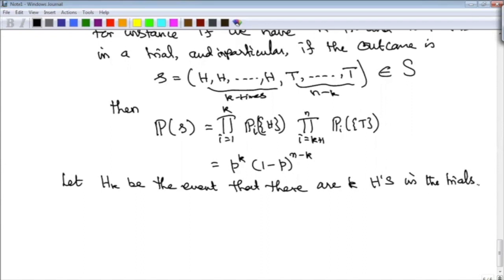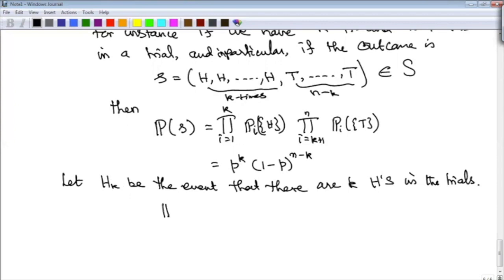There are n trials. You are tossing n times, and you got k heads. They may not appear in this order. They may appear tail, head, head, head, head, head, tail, tail, tail, head, tail, like that. In any order they can appear. So you combine all such outcomes into one event, and that is H k.